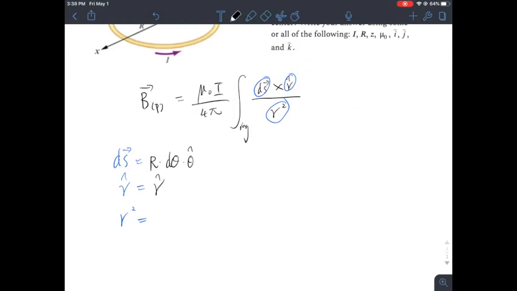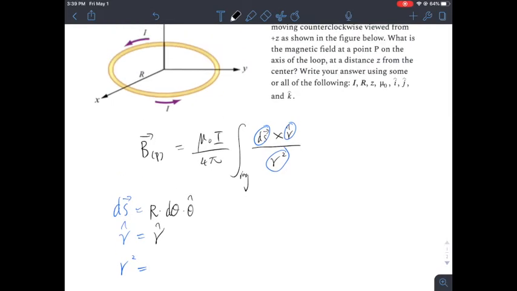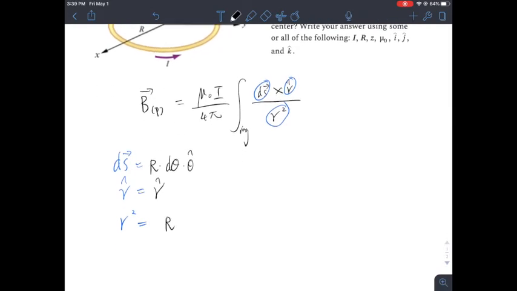We know the distance will be using the Pythagorean theorem. It's the square root of r squared plus z squared, and if we want to get the square, we just square it. We get back to our original expression, r squared plus z squared.